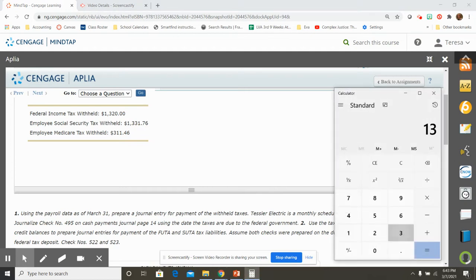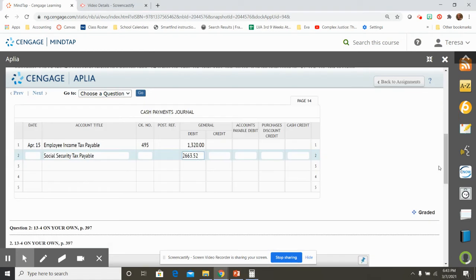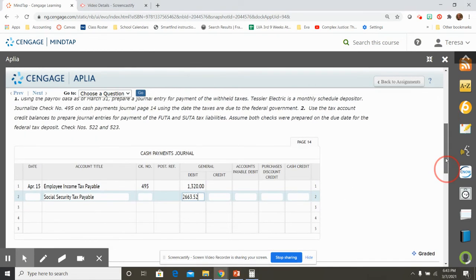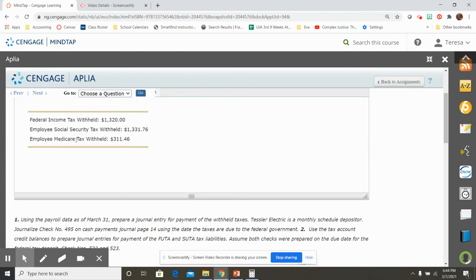We're just going to multiply that number times 2. We are reducing our Social Security tax withheld with $2,663.52. Now, if we were looking in the general ledger, you would not have to multiply that by 2 because you would just be able to see the number. But since we're only given partial data, that's why we have to double it.